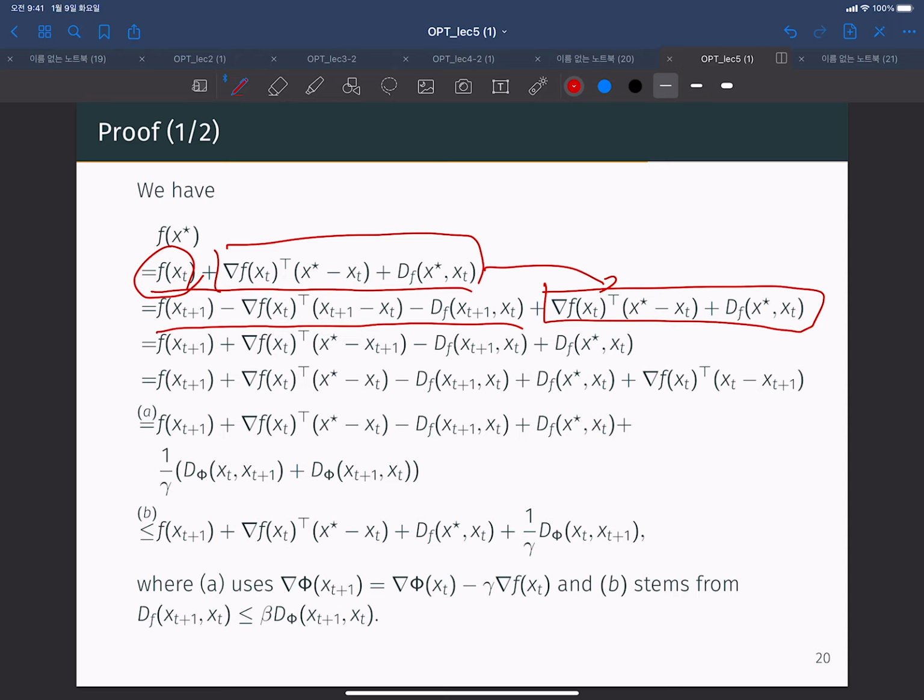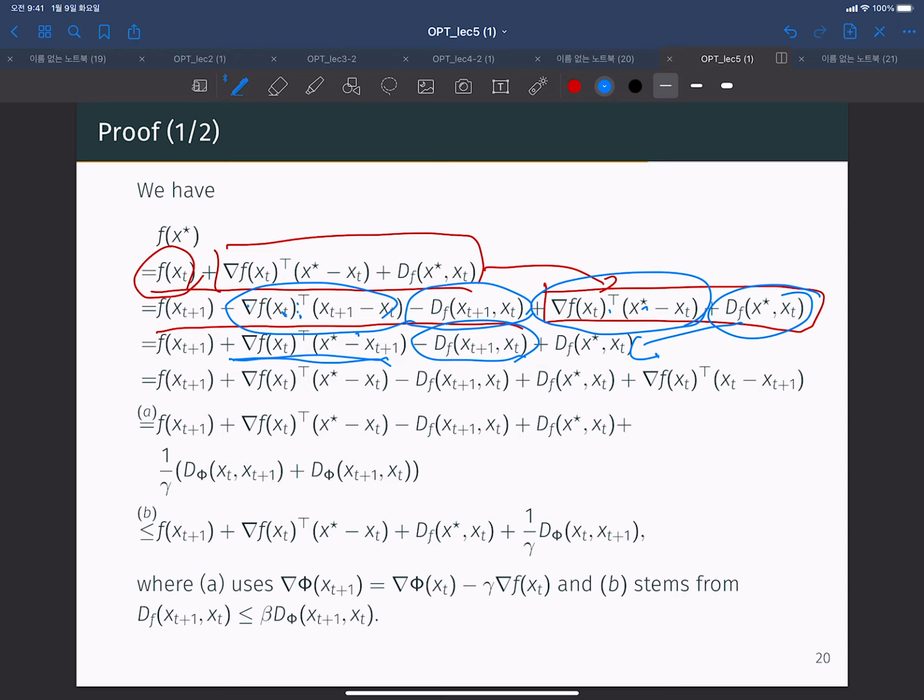For this equality, I just bring this term here, the same term, and I add this one and this one to obtain this. Because we share the same gradient of f(x_t) transpose times this and this, we can rewrite these terms by this.